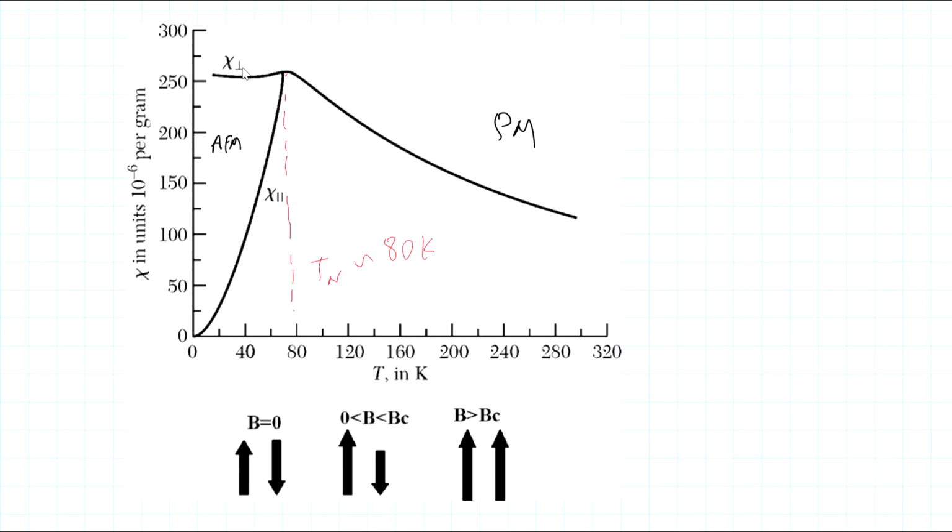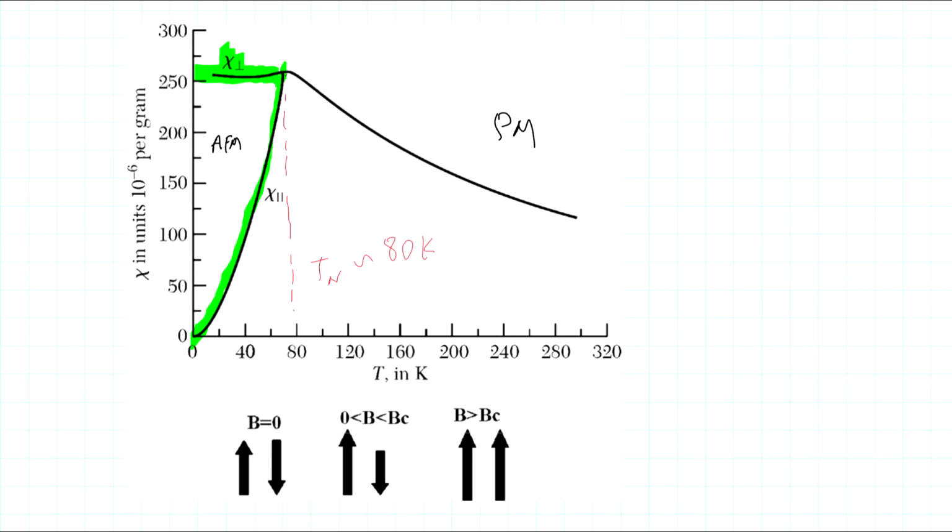And the dependence of susceptibility on temperature in the antiferromagnetic state would depend on the orientation. So you can see that there is this portion with the susceptibility perpendicular, field perpendicular to the sublattices, and this section here where the susceptibility is parallel to the sublattices.